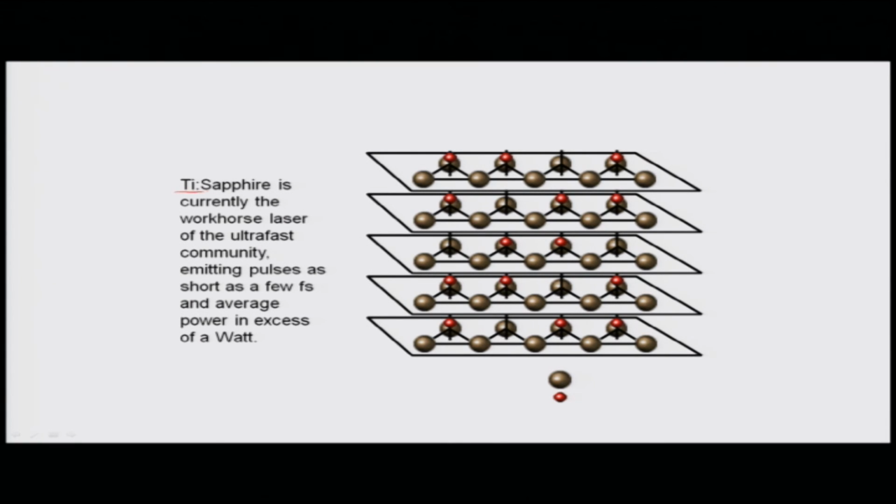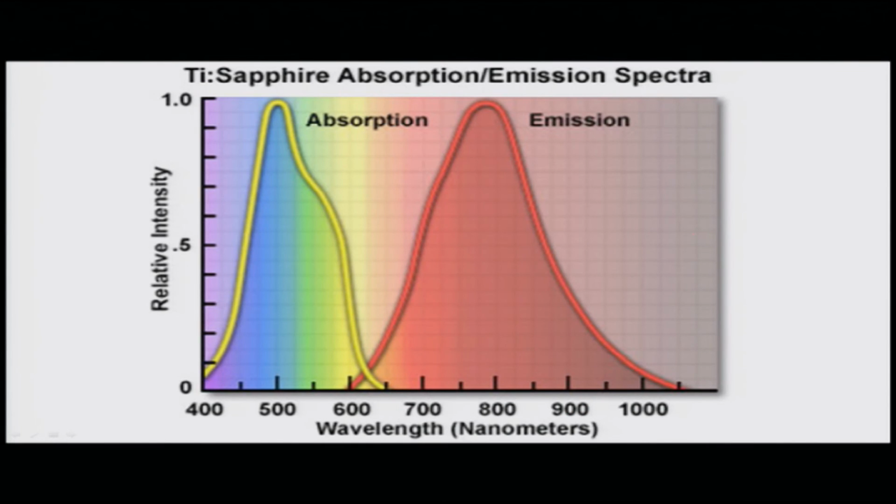So, as I mentioned, titanium sapphire is currently the workhorse laser for most of the ultrafast community, emitting pulses as short as a few femtoseconds and average power in excess of a watt and more. It has this wide bandwidth, which is necessary for this kind of short pulse operation to happen.